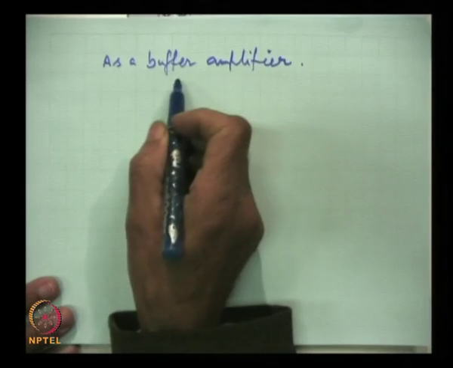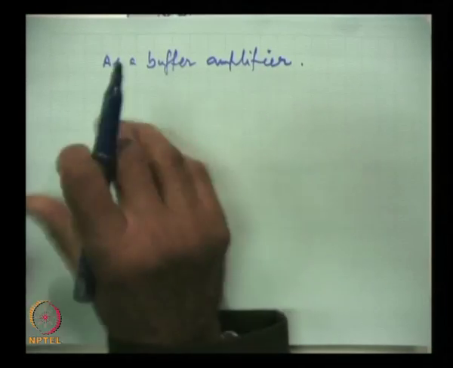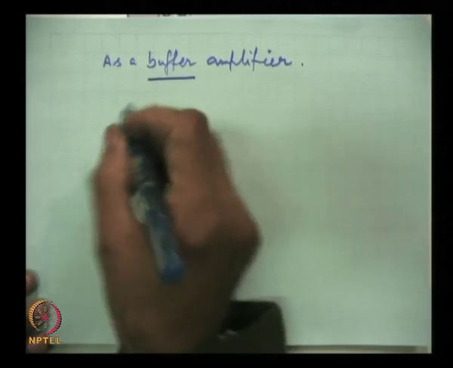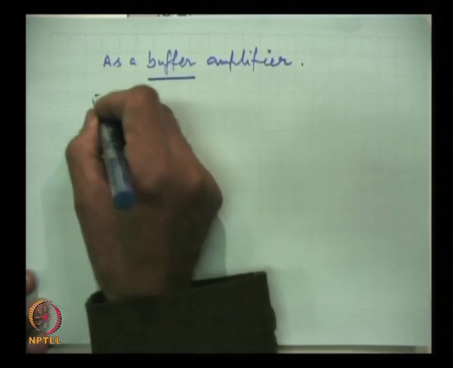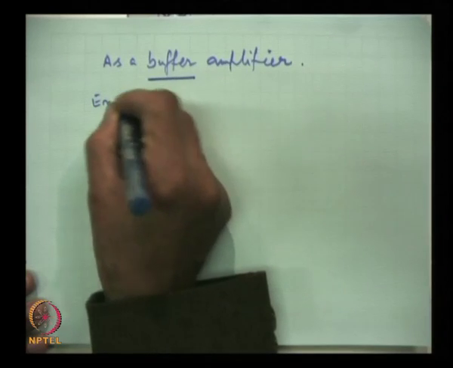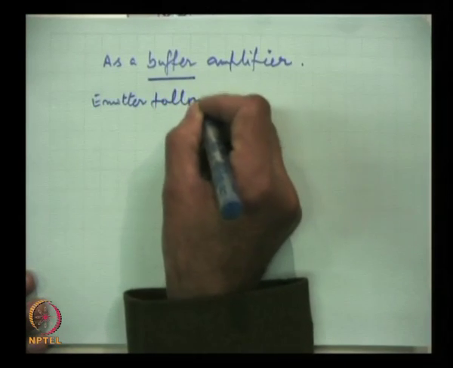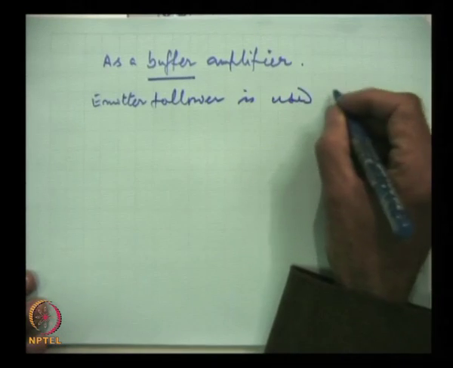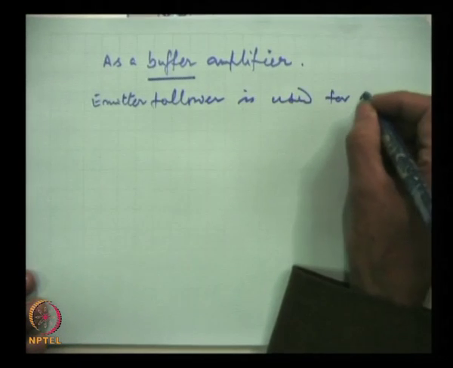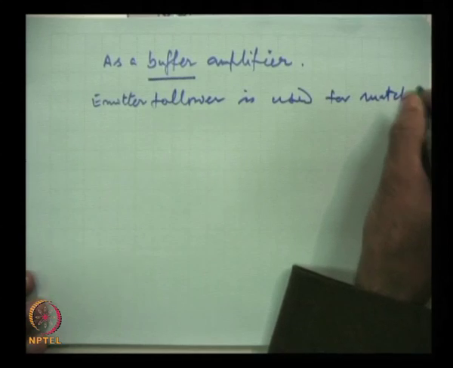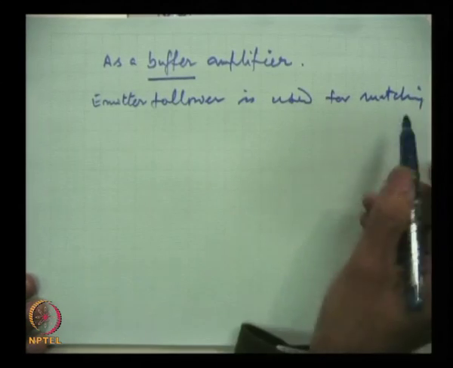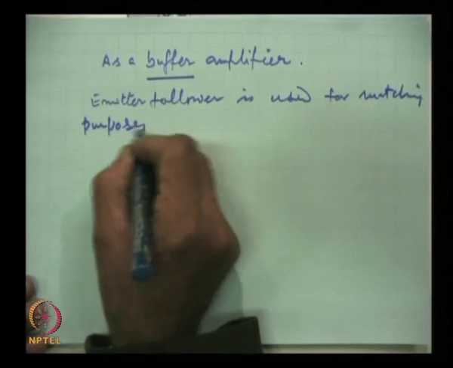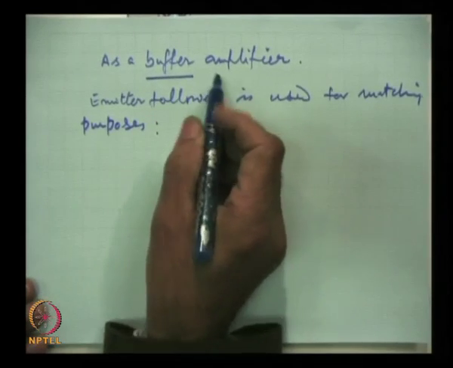By buffer we mean an intermediate between 2 stages. So, it is used for matching purposes. This emitter follower is used as a buffer amplifier.